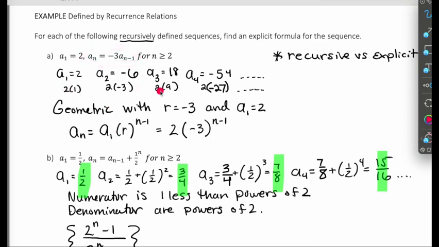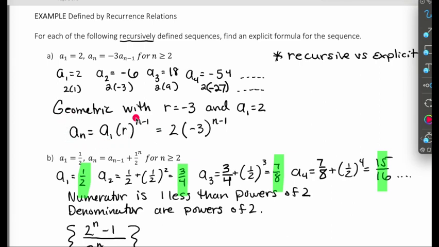So this, to me, looks like a geometric sequence where the first term is 2, and the common ratio is negative 3. Now, it's important that you use the negative because notice it keeps switching back from negative to positive. Without that negative, you're not going to get that.